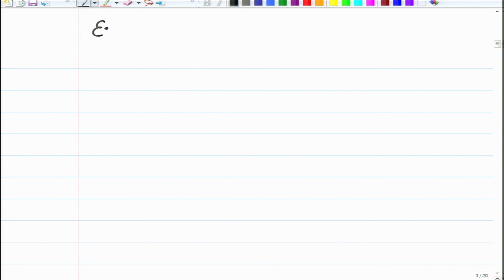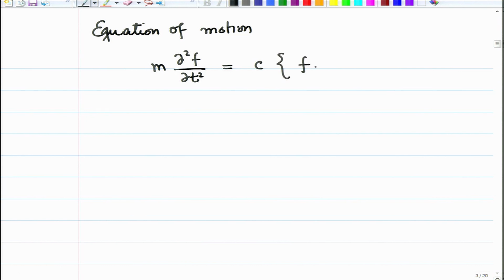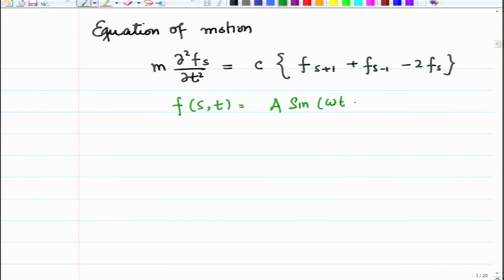The equation of motion is d2f over dt square is equal to, so there is a mass term, c times f s plus 1, and this is for the sth atom, plus f s minus 1 minus 2 f s, and the solution I am looking for is of the form f at s, t is equal to some amplitude A sine of omega t minus k s a.